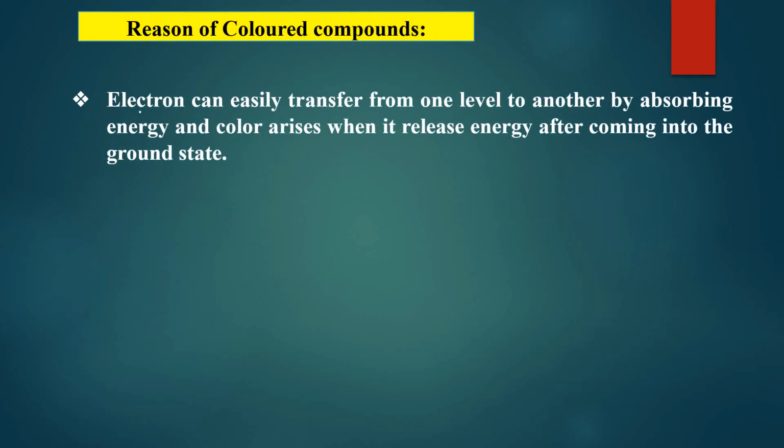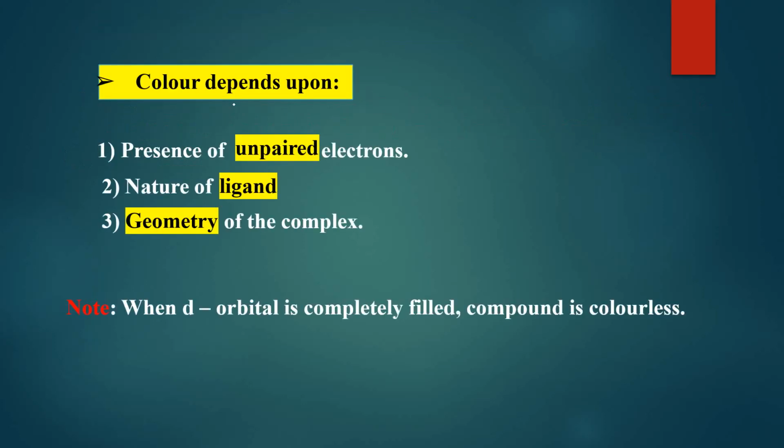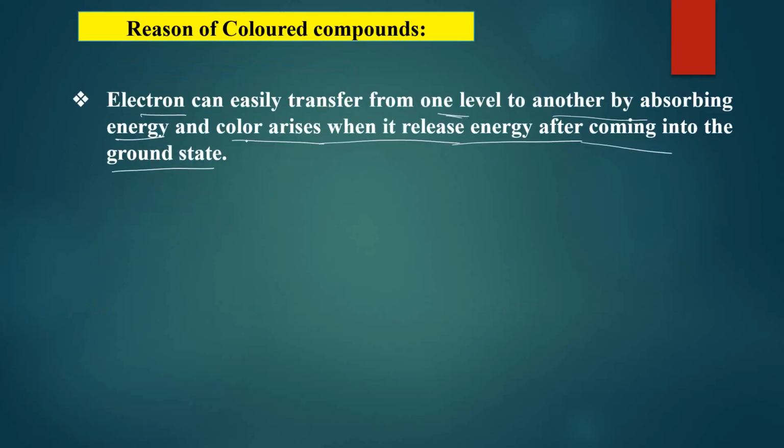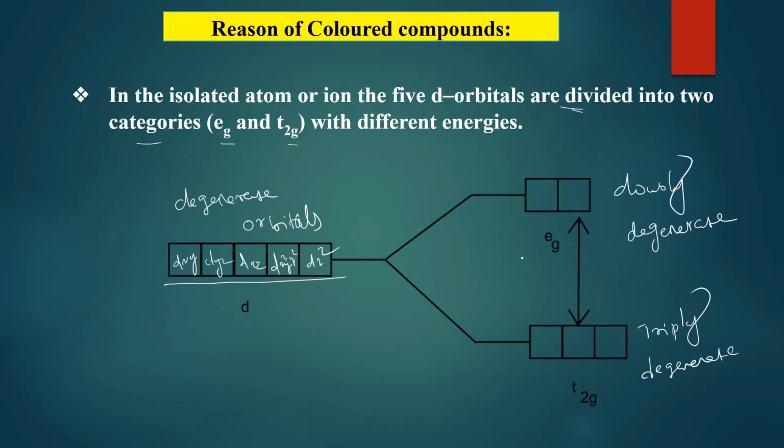Then an electron can easily transfer from one level to another level by absorbing energy, and color arises when it releases energy after coming back to the ground state. As I said earlier, look at this diagram. If an electron is present here, it absorbs some energy and reaches here.